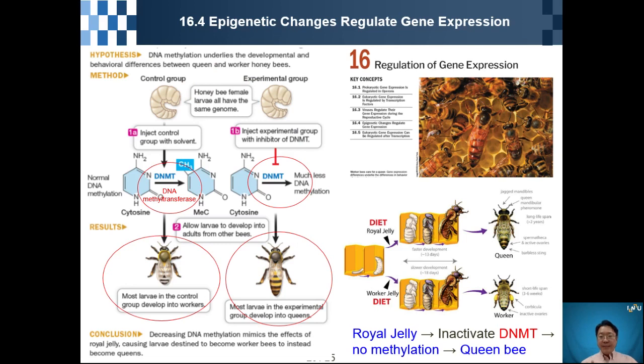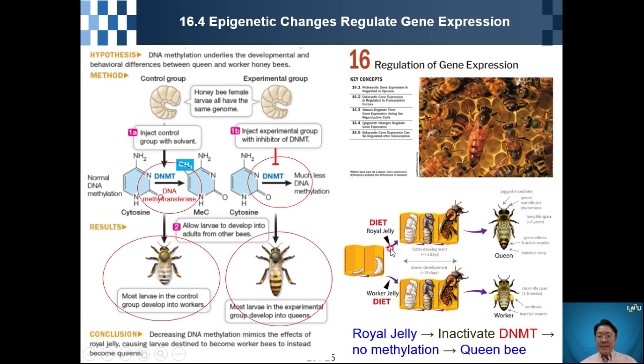Usually the royal jelly has a DNMT inhibitor. So royal jelly can inactivate DNMT, which means there is no methylation, so it will become the queen bee.